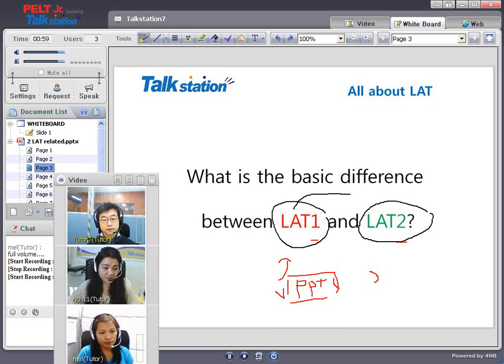So the main task of the first LAT teacher is to know the information of the student, and the second LAT teacher's task is to focus on the first teacher's recommended book. They have different tasks.